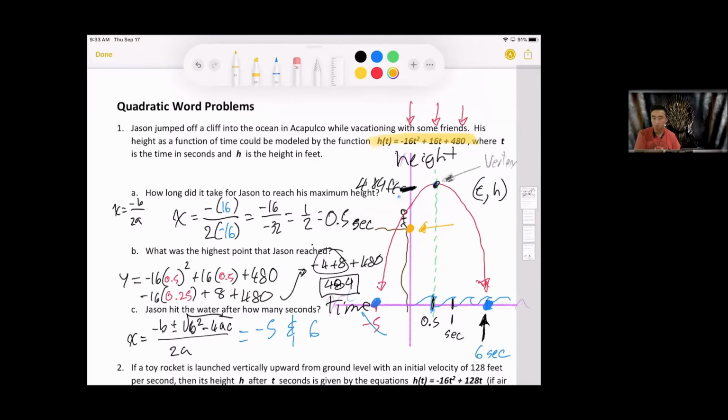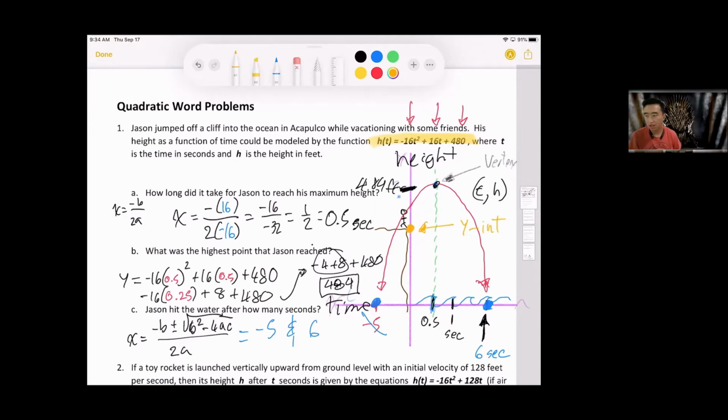Right at the cliff, because he doesn't jump from 0, he jumps from the cliff. Right at the cliff, what do we call that in a graph? The y-axis. Not the y-axis, close. Very good. It's the starting point, the y-intercept.